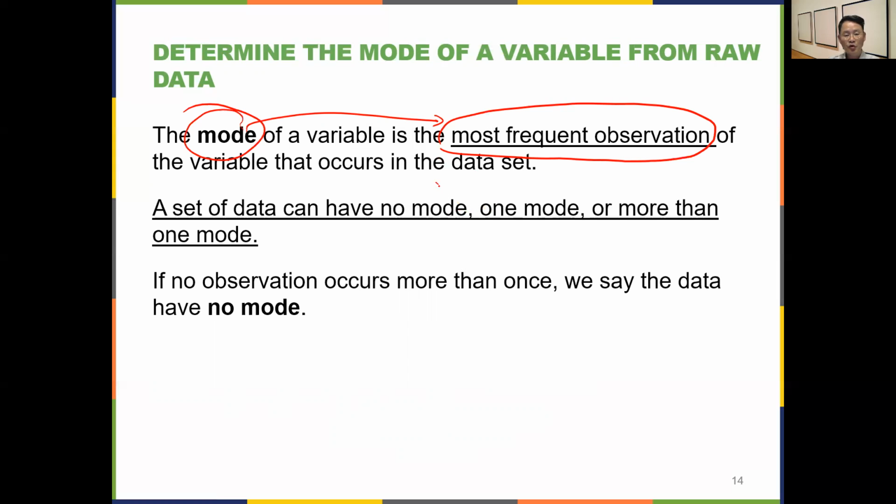Sometimes you have no mode, nothing's repeating. Example, if the data set is 1, 2, 3, 4, where's the mode? Any number that repeats? No, not really. In this case, no mode. What if the next number that you have is 1? 1 happens 2 times, so in this case, the mode is going to be 1.